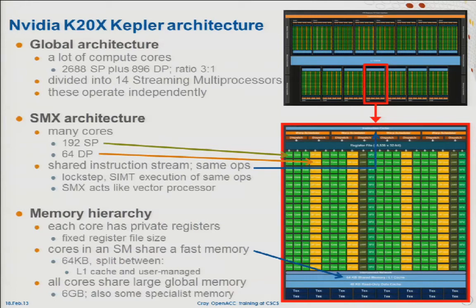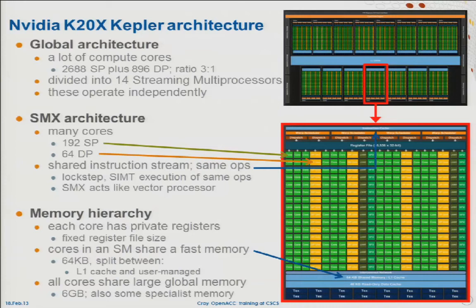Now there's a memory hierarchy. Each core has its own private registers, because they're operating on a different part of the array, so they must have registers to hold where they're working. The register file size is not large. They also have access to a shared memory, which is quite fast. That's shared between the cores, so the cores here can all use this shared memory to exchange information.